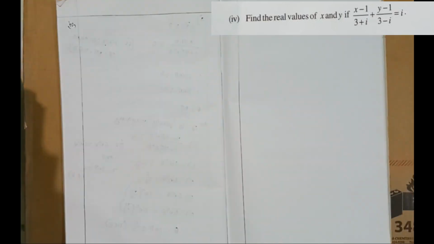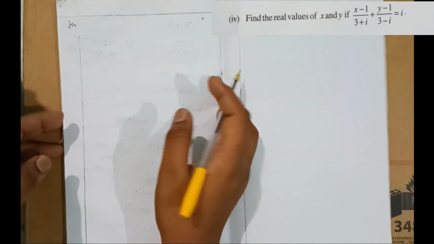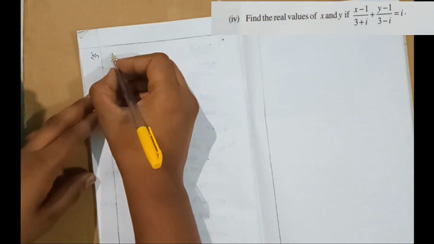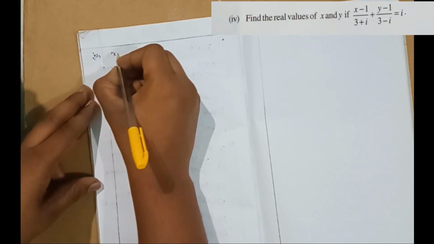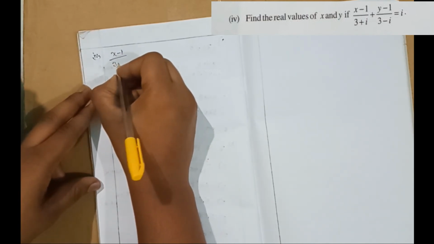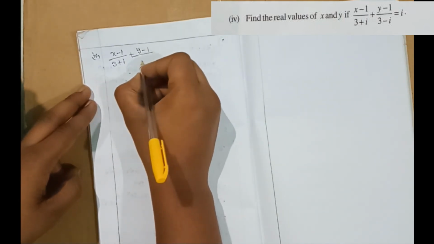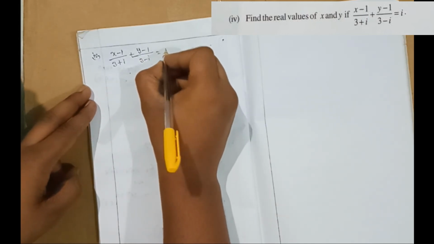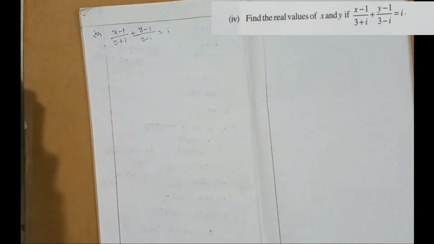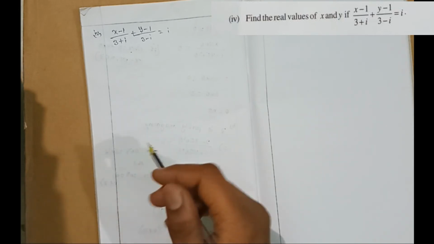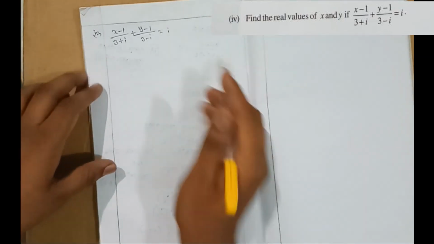Now the fourth one, x and y. Now we need to just do the cross multiplication. So the question is x minus 1 by 3 plus I plus y minus 1 by 3 minus I equal to I. They have given x plus 1 by 3 plus I plus y minus 1 by 3 minus I equal to I. Now we have to do the cross multiplication.